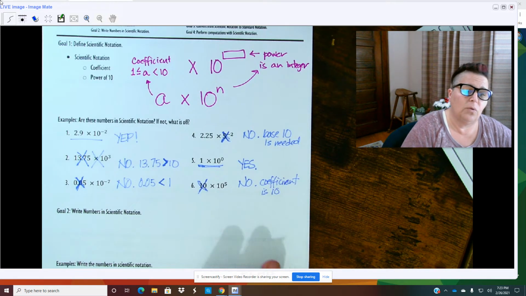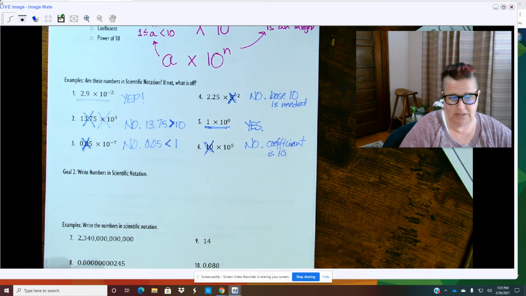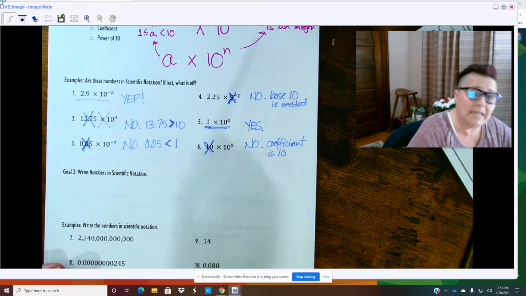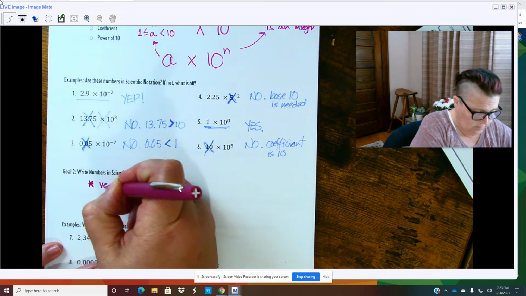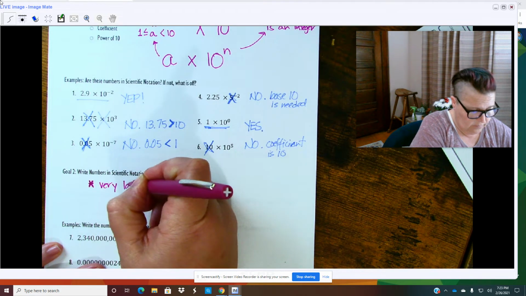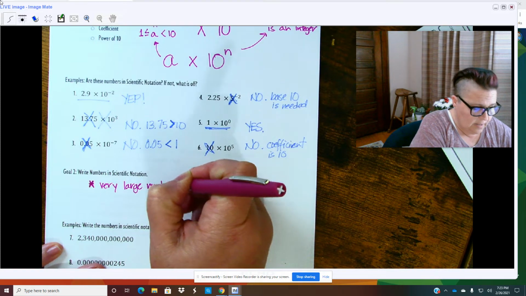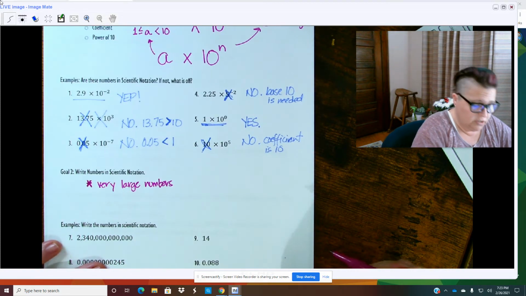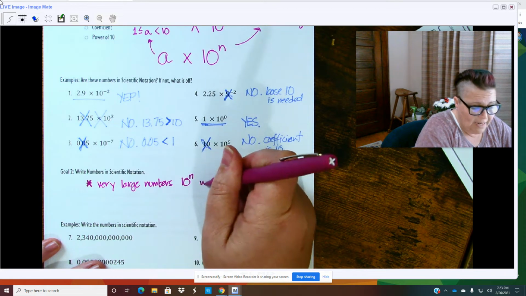Okay. So what do we do to write numbers in scientific notation? Well, there is going to be a pattern here. You will likely figure it out. And that is that very large numbers are 10 to the n where n is positive.